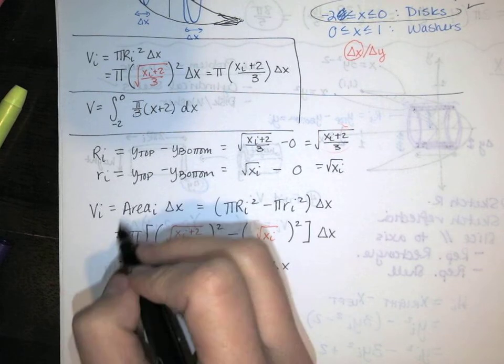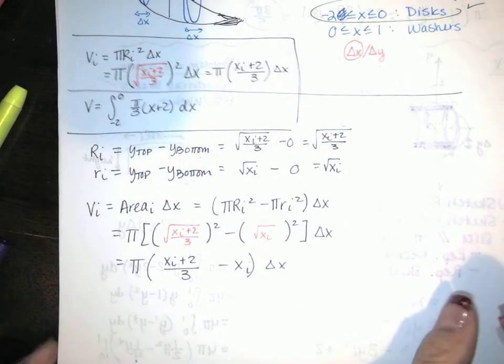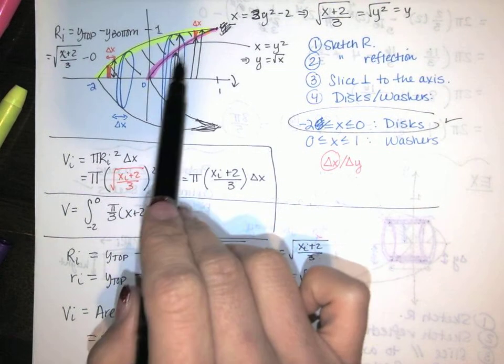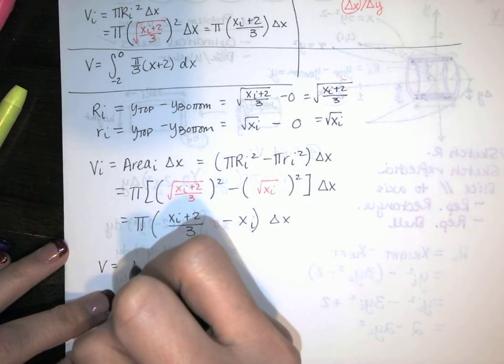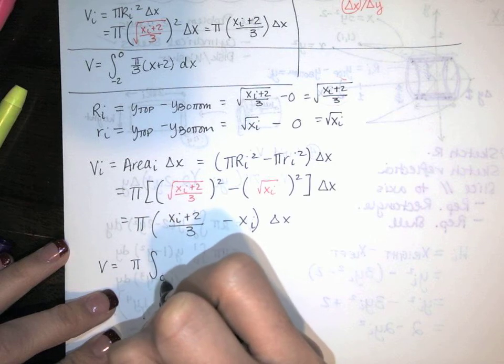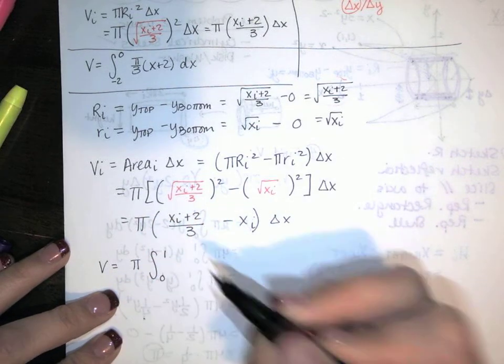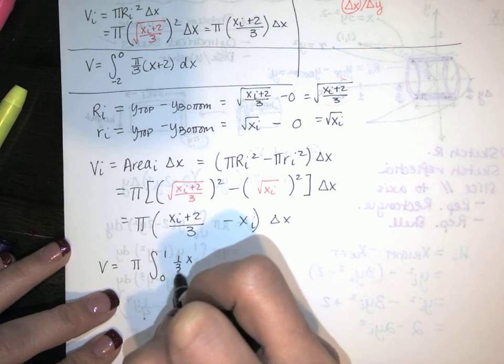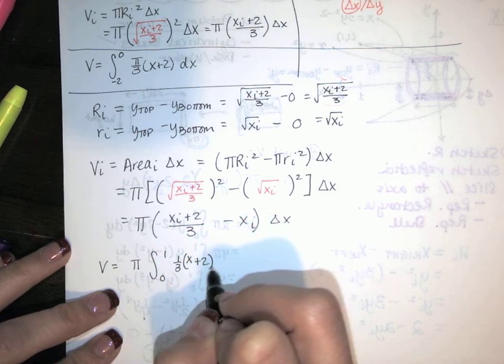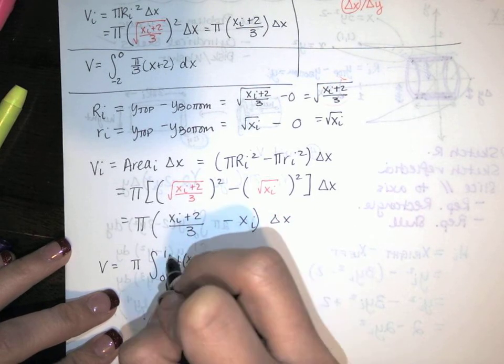Okay, so on this interval from 0 to 1, where we've got washers, our volume is given by this formula. That's the volume of one slice. So I'm going to factor out the pi, the integral from 0 to 1 of this. In the limit, we get all the x's. I'm going to factor out that 1/3 too. So this is x plus 2 times 1/3 minus x.